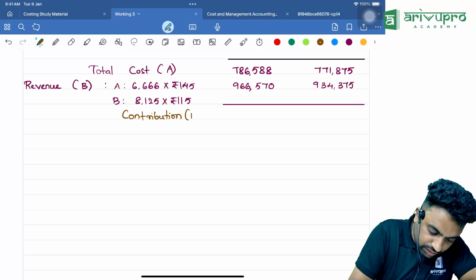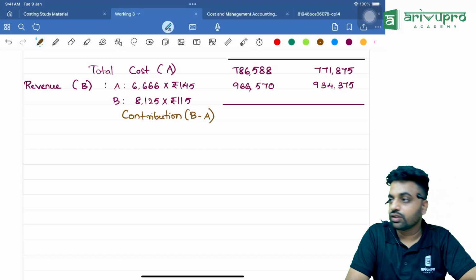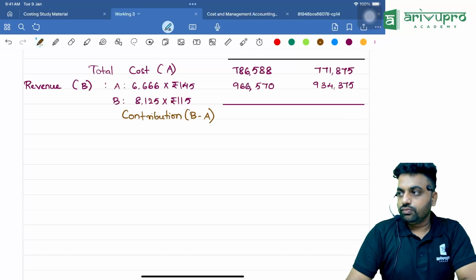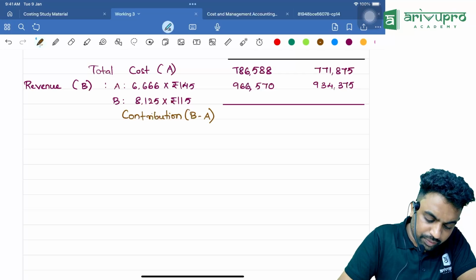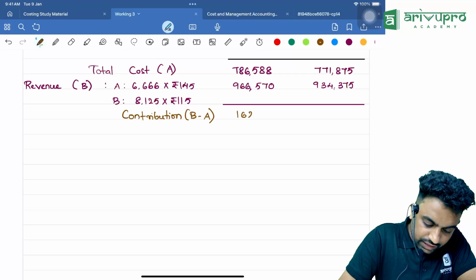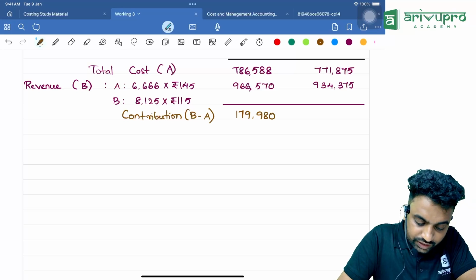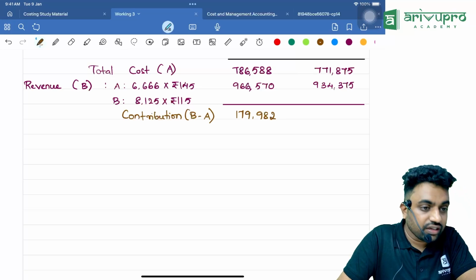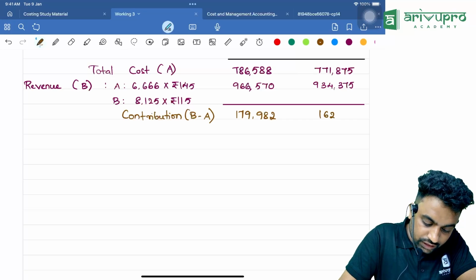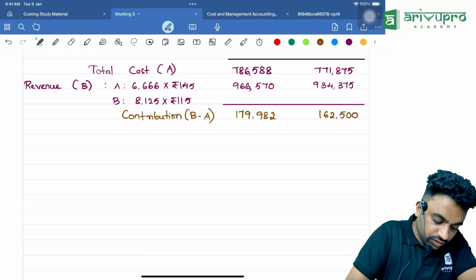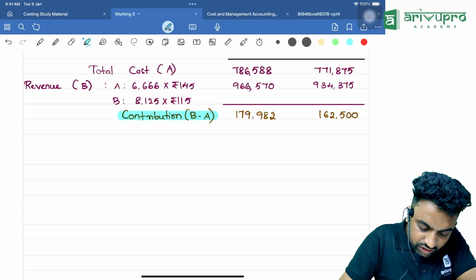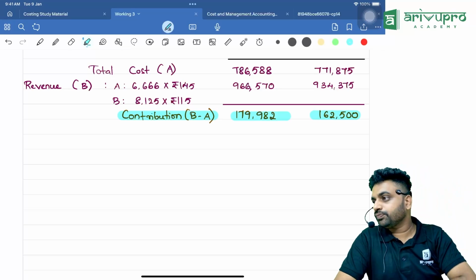Contribution is nothing but revenue minus cost. For B, 1,62,500. For A, 1,79,982. For B, 1,62,500. Now tell me which contribution is more.